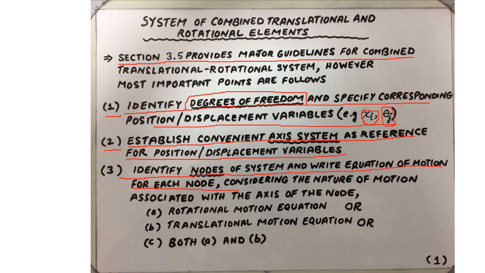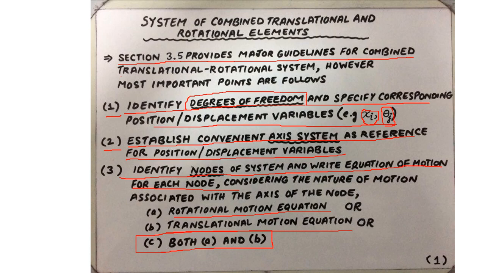In this case, a node can exhibit either a rotational motion or a translational motion, or both the rotational as well as translational motion. And this option C was particularly highlighted when we saw an example of a rolling wheel with a spring, where the rolling wheel node exhibited both the translational as well as the rotational motion, as we saw in our last lecture.